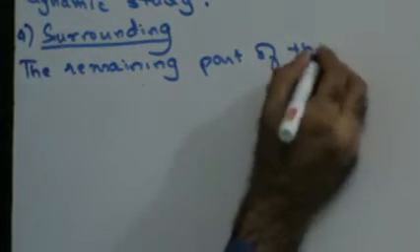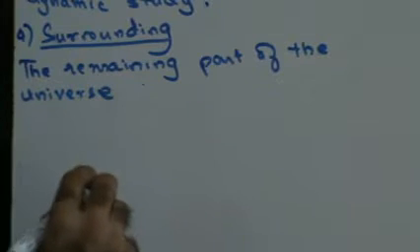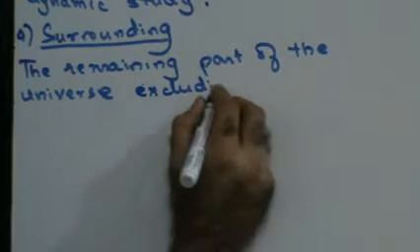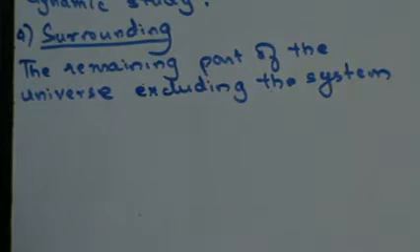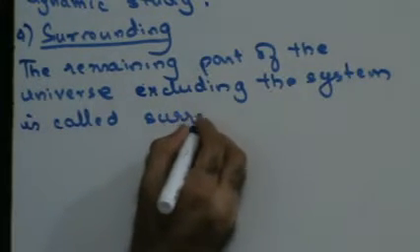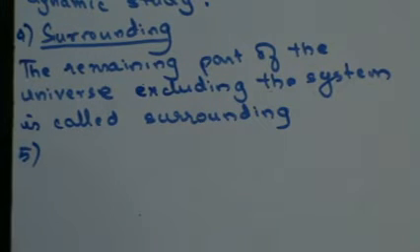So the remaining part of the universe, excluding the system, is called surrounding. So you have system and surrounding.